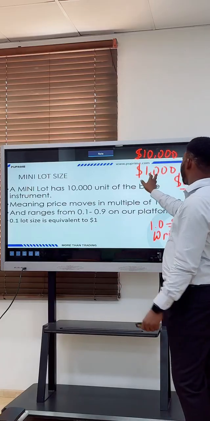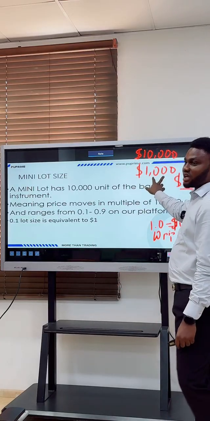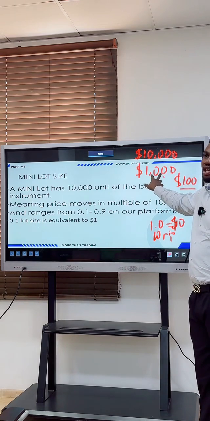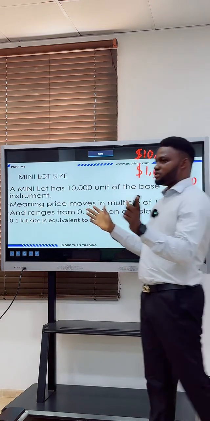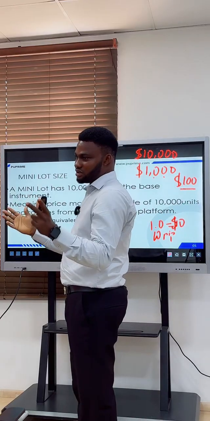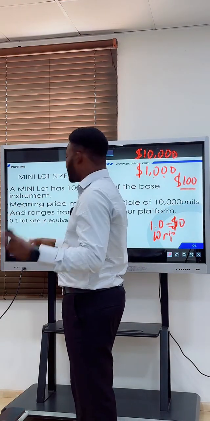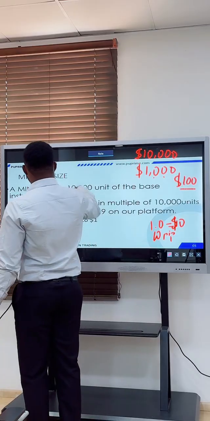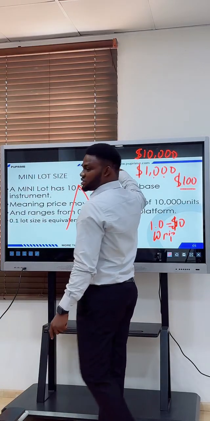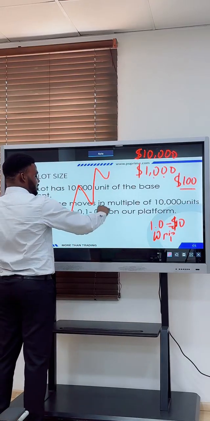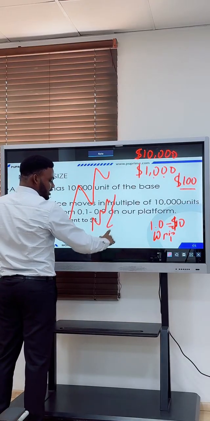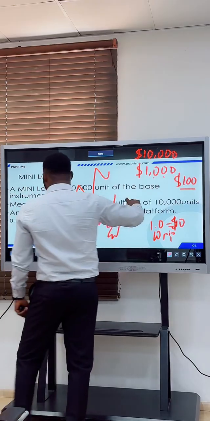Now look at someone with this account who uses one standard lot size. The market does not move in a straight line. I should emphasize that. The market is going this way, it can come down a bit, then go back up again.